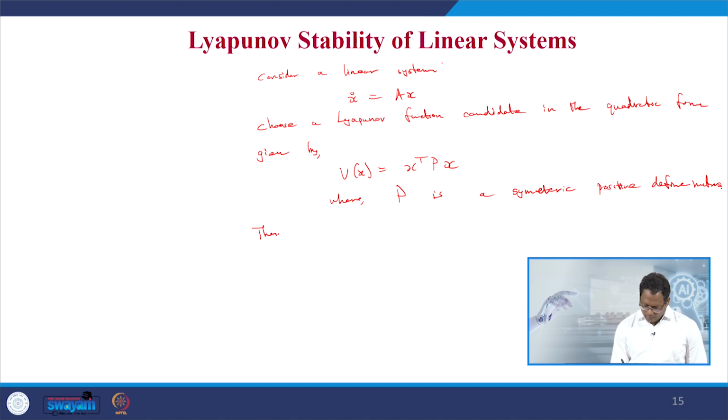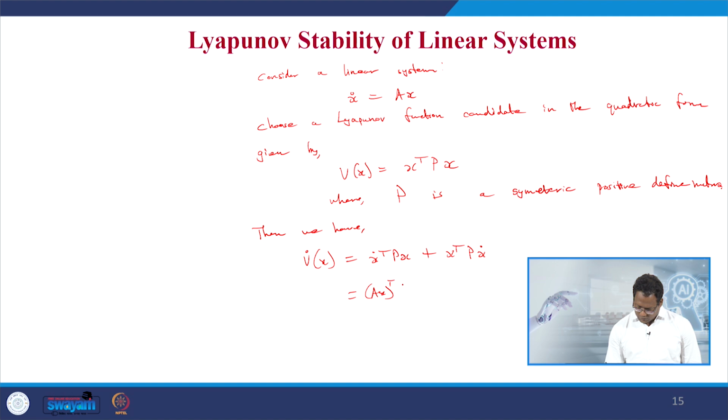Then we have v dot of x equal to x dot transpose P x plus x transpose P x dot, which is A x transpose P x plus x transpose P A x.